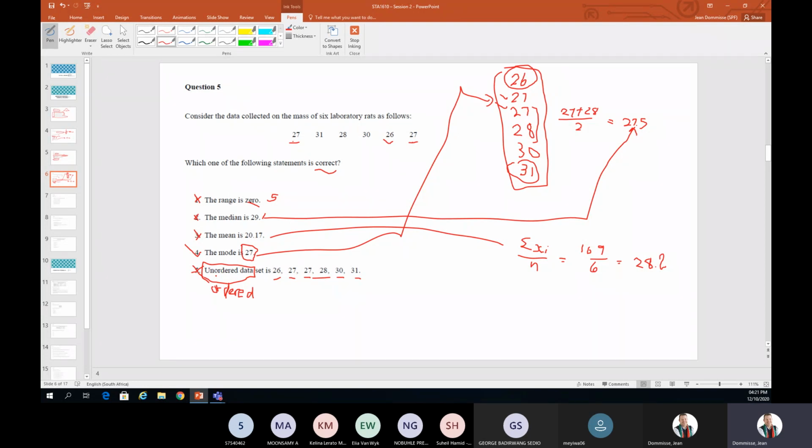So in the exam, I would have made a mistake because I just didn't read what was in front of me. It shows how easily one makes a mistake, and you assume that you are doing it correctly because I ordered it and according to my ordering it's correct, but I didn't even see that they said unordered data. It just shows how easy one can make the mistake in the exam.